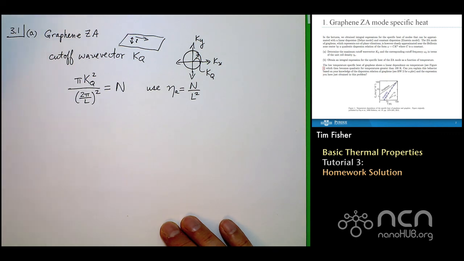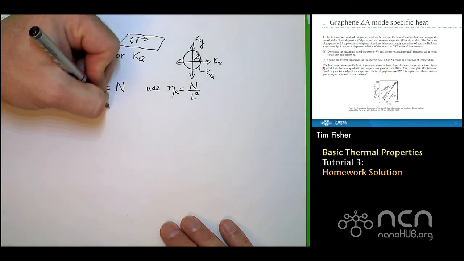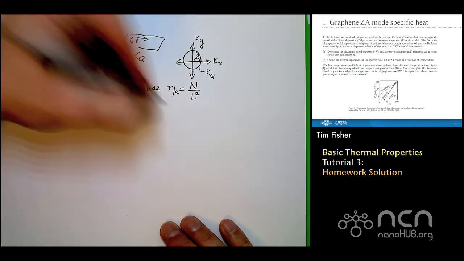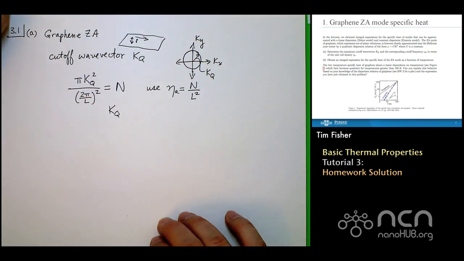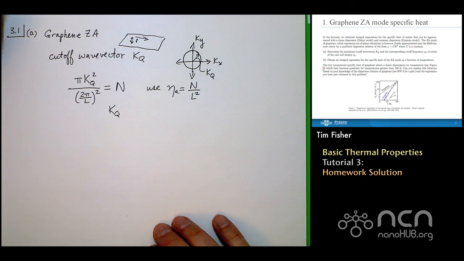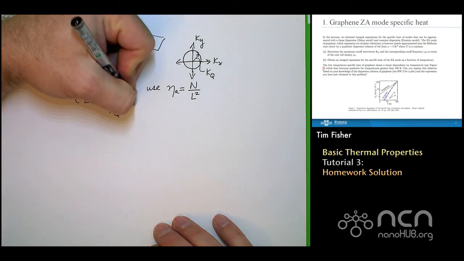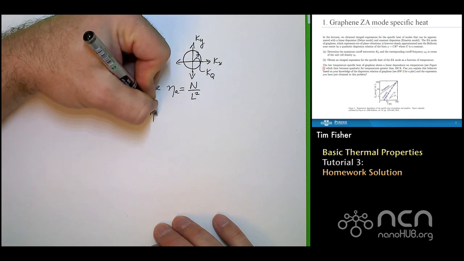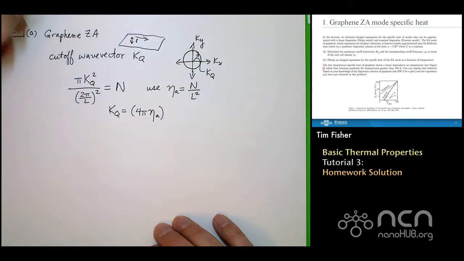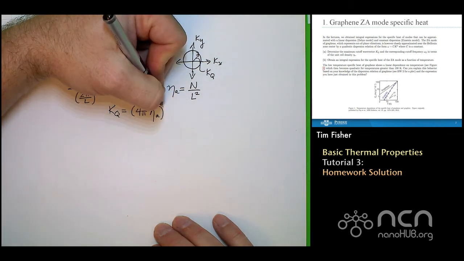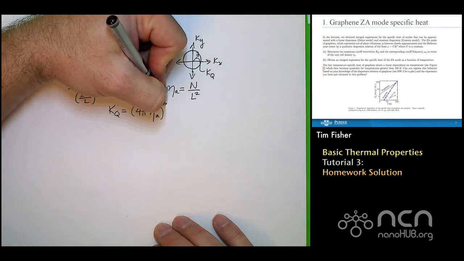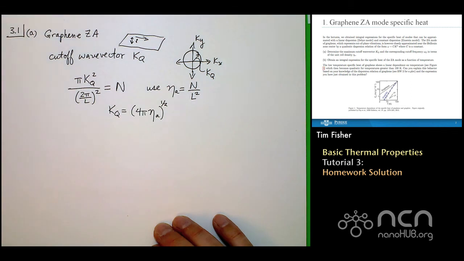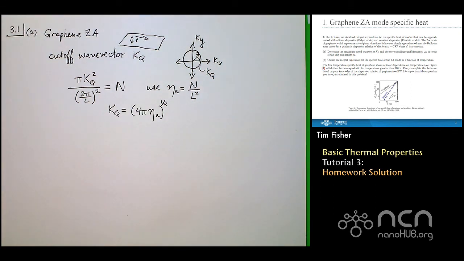And so we go through this and we find that K_Q, that's this K-space radius that fits all of the allowable states inside, will equal the square root of 4 pi times the density of allowable states. And so far that's really more or less what we've done typically in the class.